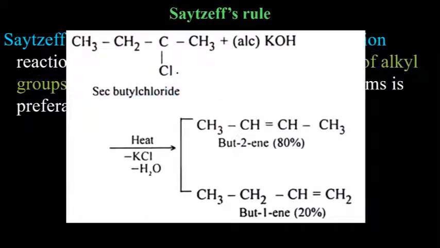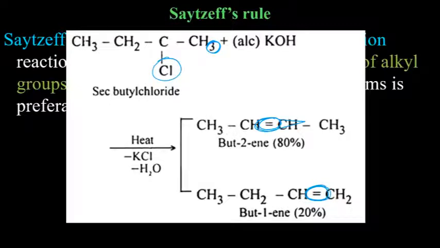Suppose you have this one, which I showed you earlier also. Now there are two possibilities: this chlorine and this hydrogen, these two go away. In that case, the double bond will be formed here. And another possibility is that chlorine goes from the alpha carbon obviously, and hydrogen goes from here, CH3. In that case, the double bond will be formed here.